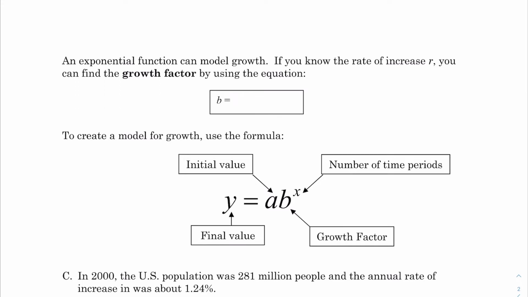So b would be equal to 1 plus r, where r is your rate of growth. And later in the notes, I'll show you how you do a rate of decay. The rate is usually measured as a percent.